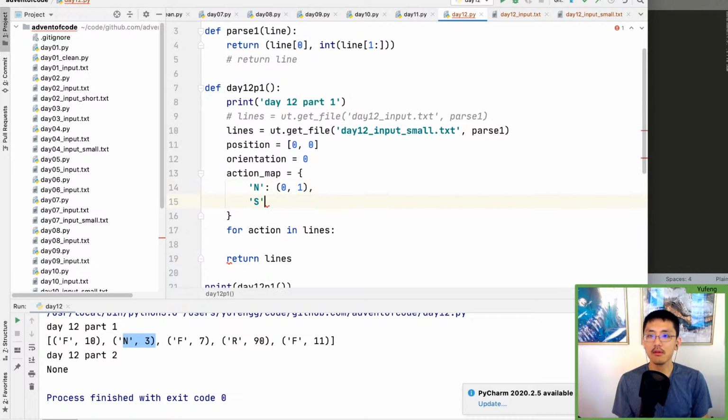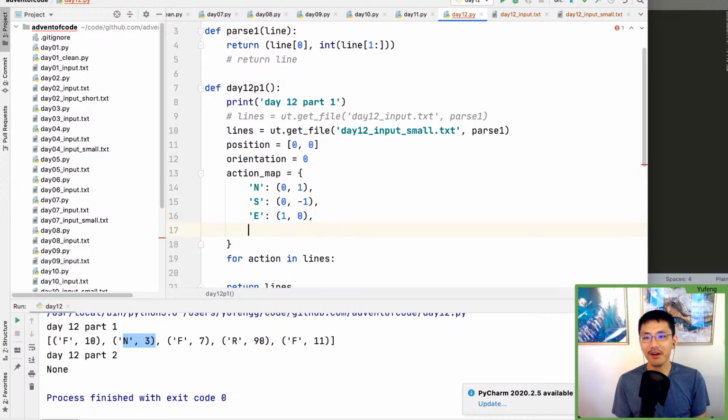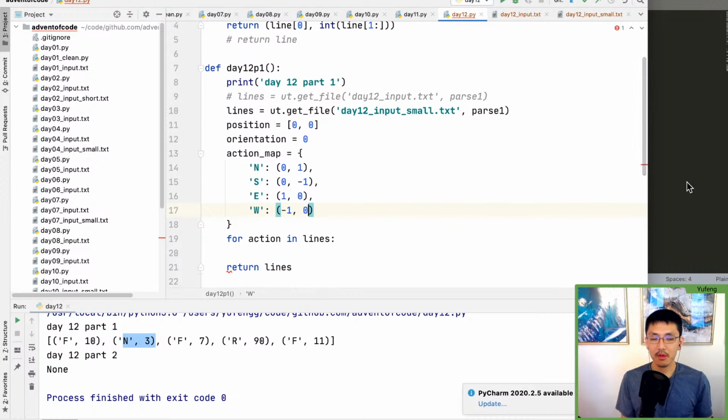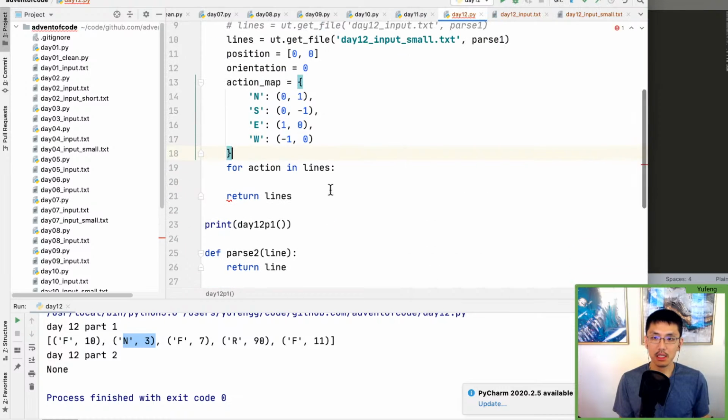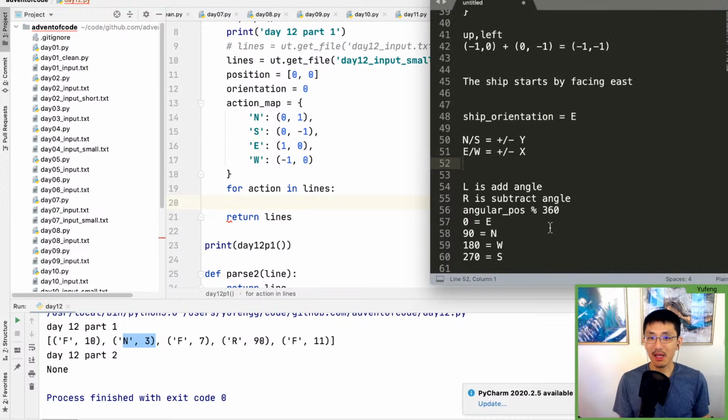Then south naturally will decrease our y value. So I'm going to multiply this by the number and then add it to the position, and that'll be the amount that it changes by. East is positive, really borrowing from some of the ideas from yesterday. West is negative. So we can say something like that.